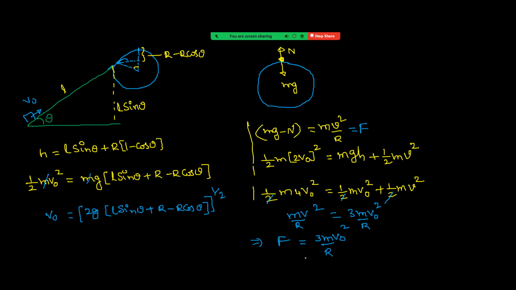Okay. And that value, see how much? Already we have the value of mv naught square. We get mv naught square into 3 by r. So in the place of mv naught square, I can take 2mg, into 3, 6 mg.